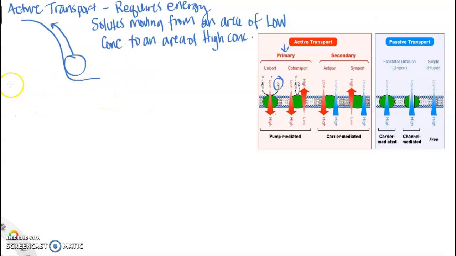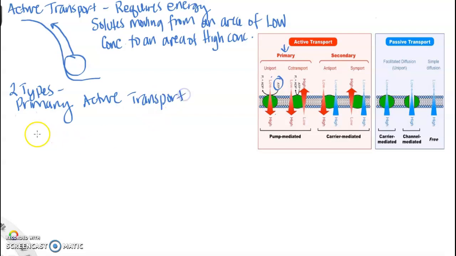So there's two types of active transport across the cell membrane. So there's primary active transport and secondary active transport.